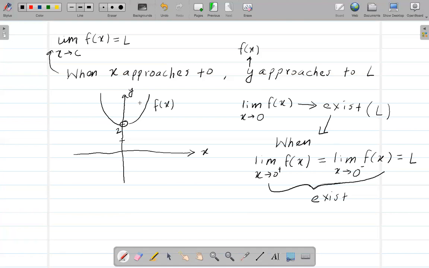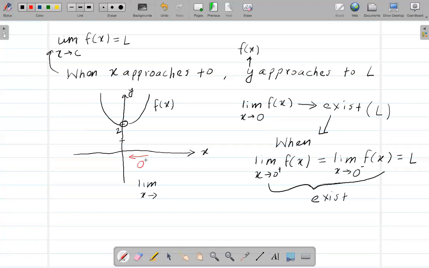So let's see here. On the x-axis, it's approaching 0, right?